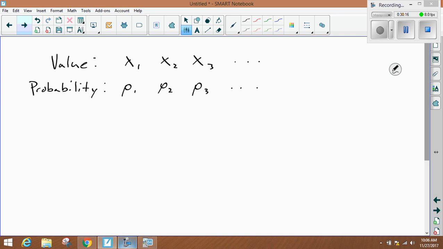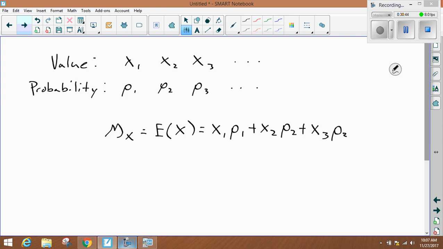It turns out that our mean, or our expected value of x, is going to be equal to x sub 1 times p sub 1 plus x sub 2 times p sub 2 plus x sub 3 times p sub 3.